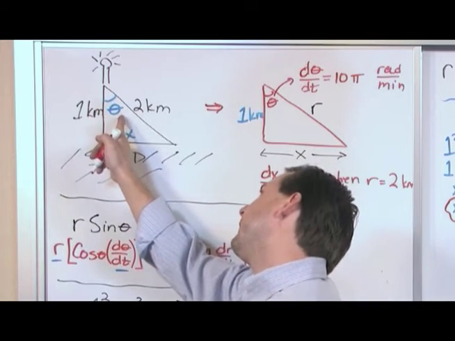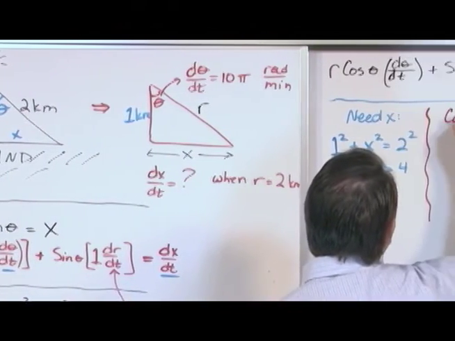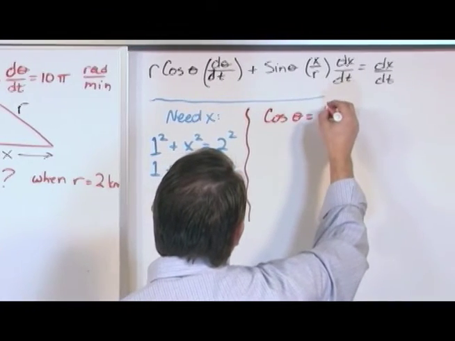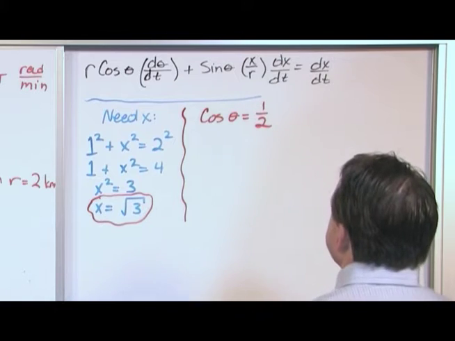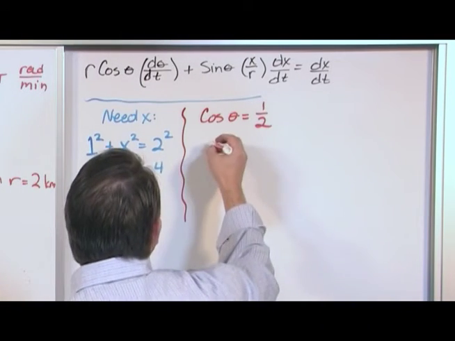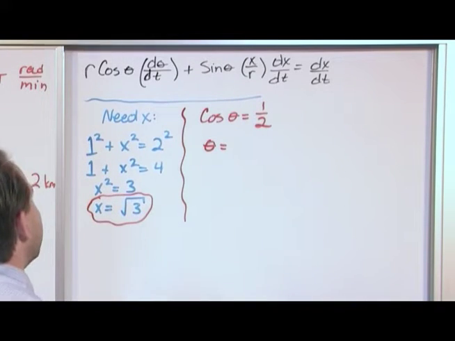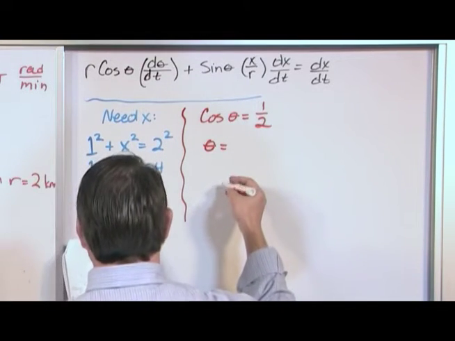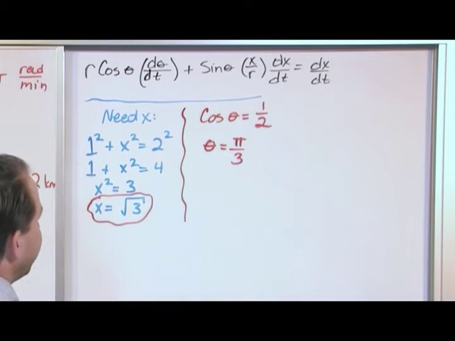So cosine of theta is adjacent over hypotenuse, so that's 1/2. If cosine of theta is 1/2, then theta is going to be pi over 3, or 60 degrees if it helps you to think of it in terms of that.